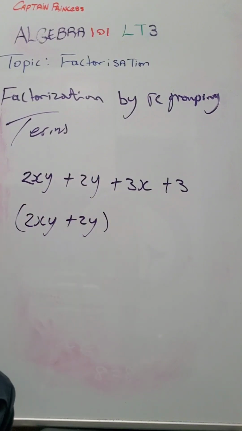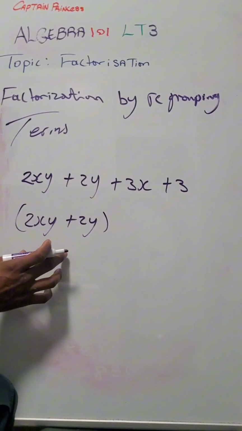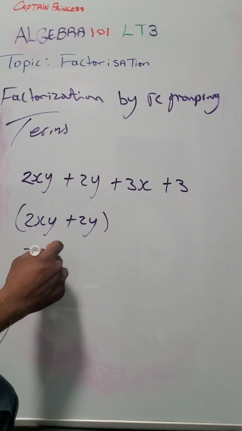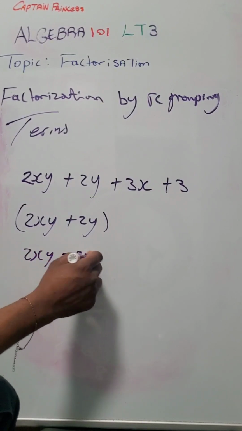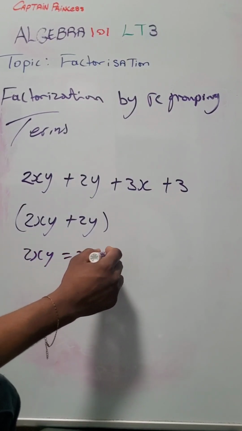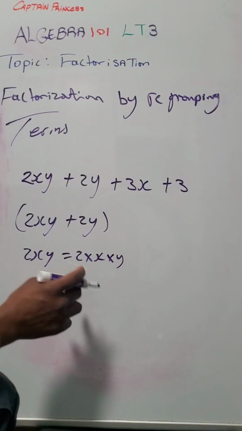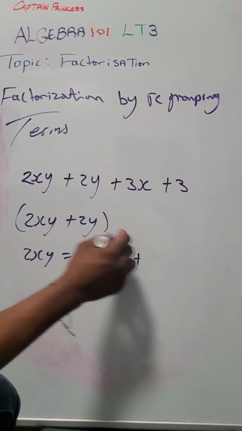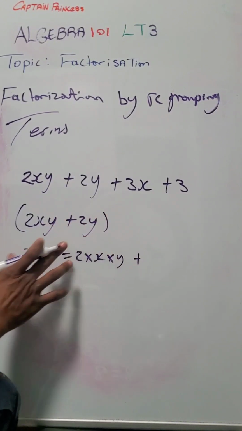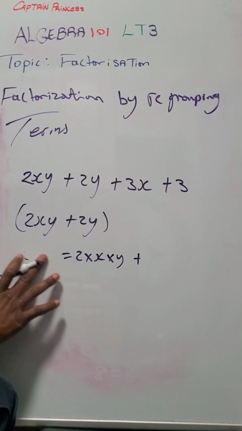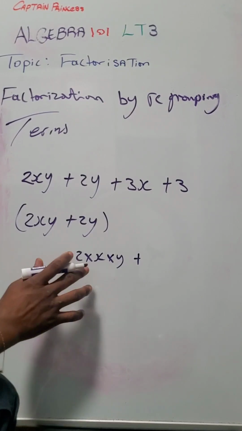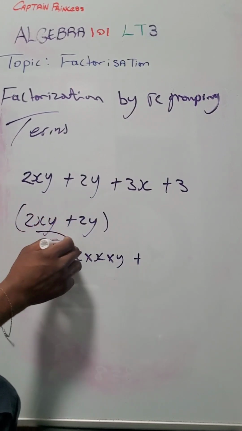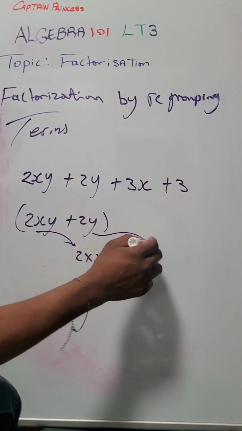So first, what we're going to do is write the factors for each of the terms. Let us write the factors for 2xy. That yields 2 multiplied by x multiplied by y. And then we're going to write the factors for 2y.